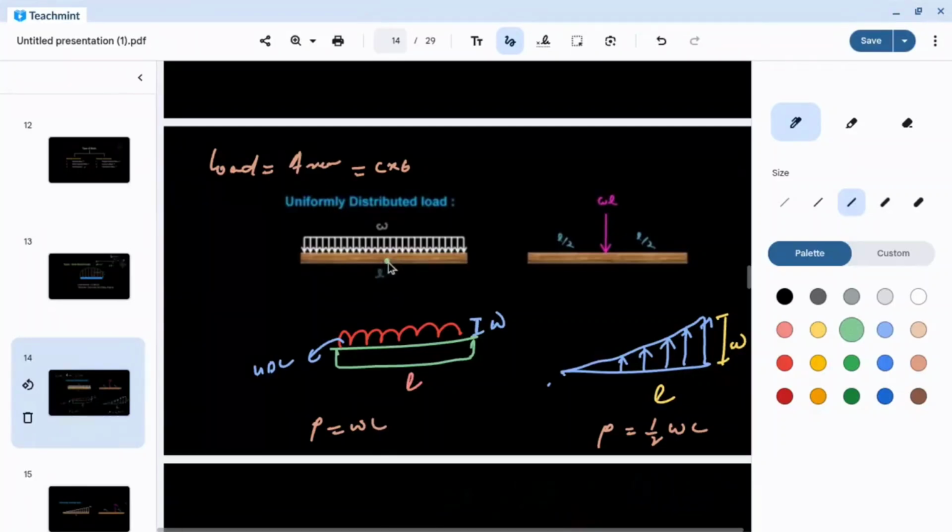For the rectangle, suppose the length is L, so it acts at L by 2, the middle point. For the triangle, what is the centroid distance? Is it 2 by 3 or 1 by 3? It is 2 by 3, so the load acts at 2L by 3 from the apex.